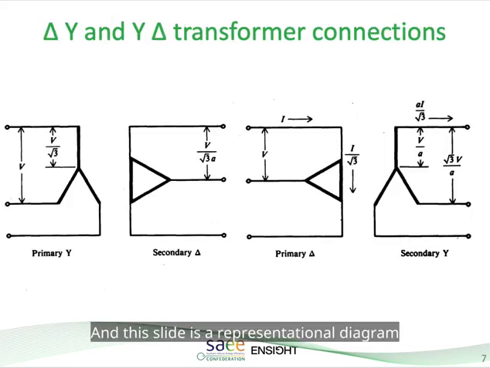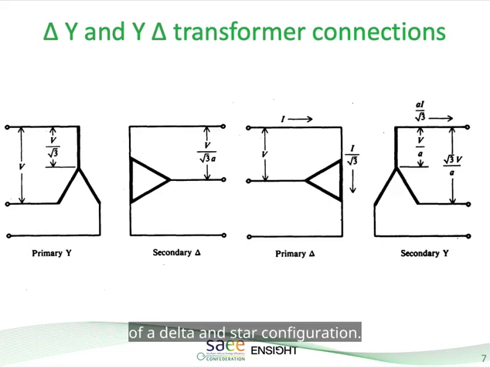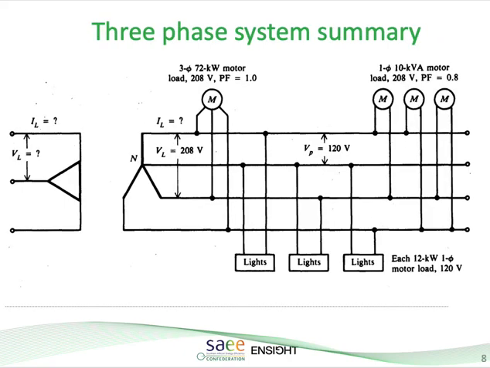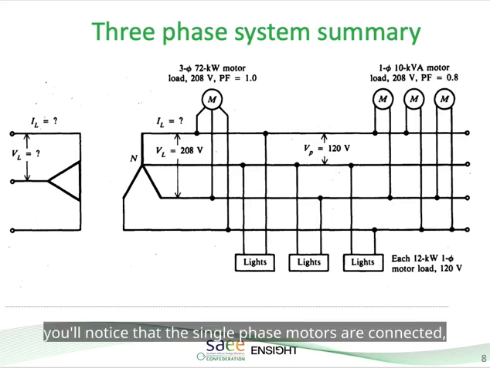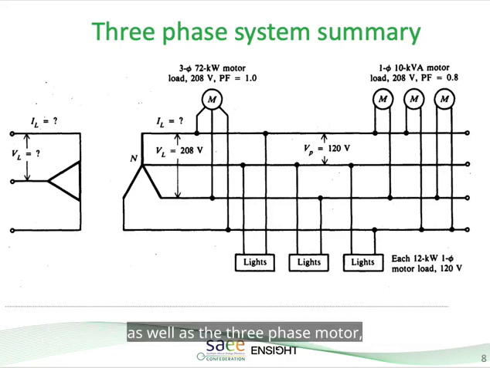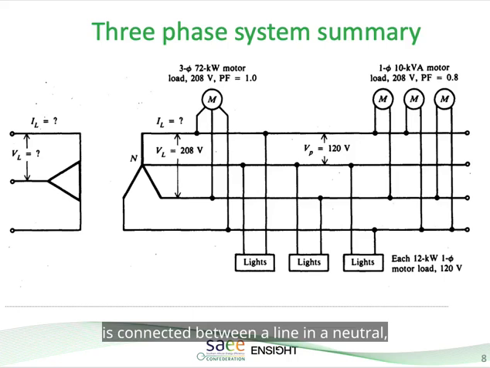In this slide is a representational diagram of a delta and star configuration. In a three-phase star system, you'll notice that the single-phase motors are connected as well as the three-phase motor. The difference being that the lighting circuit is connected between a line and a neutral.